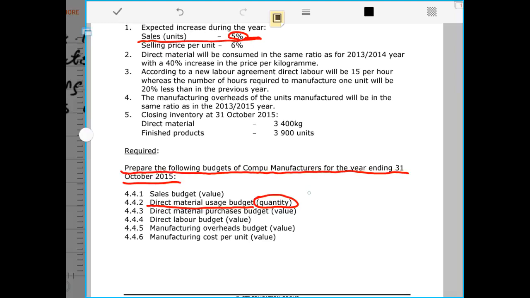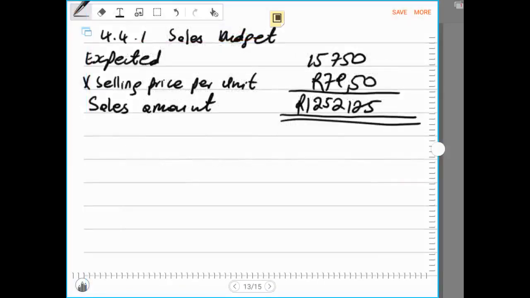So now, before we go to the direct material usage, we first have to start with the production budget. You can't do the direct material usage budget without doing the production budget. So that means our workings will be the production budget before we can do the direct material usage budget.